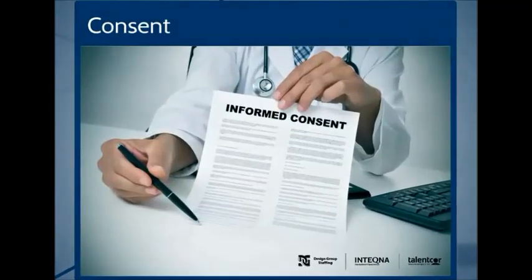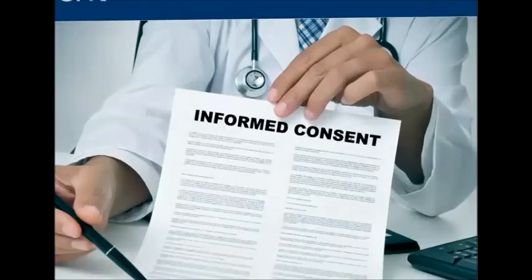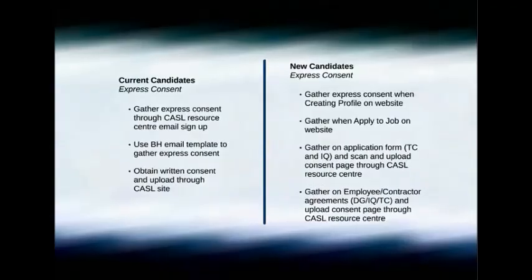So let's talk a little bit more about consent. So I'm going to review express consent for current candidates and new candidates. So for example, current candidates, how do we gather express consent? We have a CASL Resource Center where we have a number of tools where we can gather express consent through an email sign-up system.